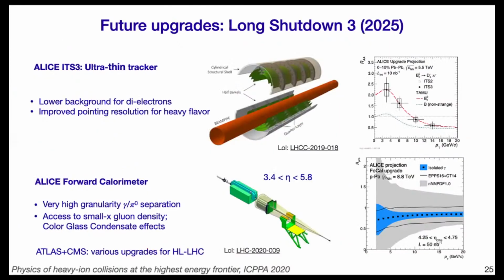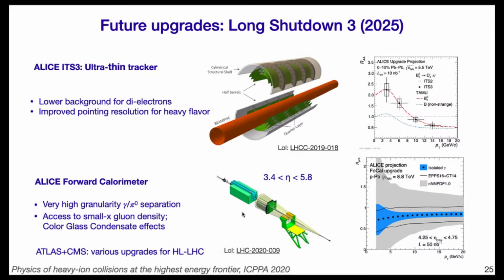Looking forward, there are also future upgrade plans for Long Shutdown 3. Long Shutdown 3 in 2025 is when ATLAS and CMS will do their main upgrades. But also in ALICE, we plan to take a next step with an ultra-thin tracker, which further improves the dilepton measurements and also the heavy flavor measurements, and a forward calorimeter, which measures very forward photon production.